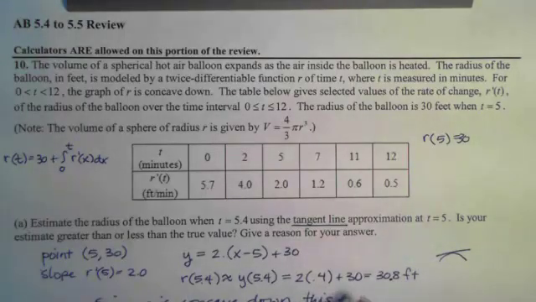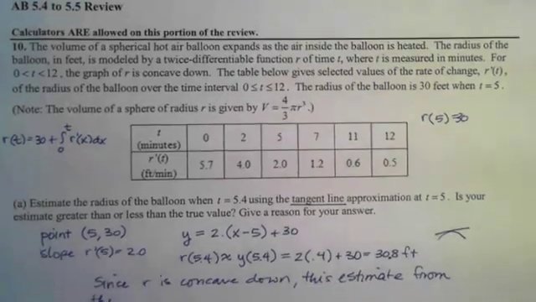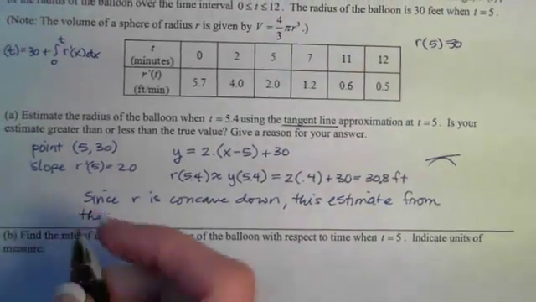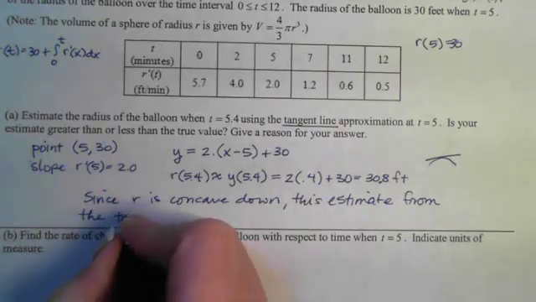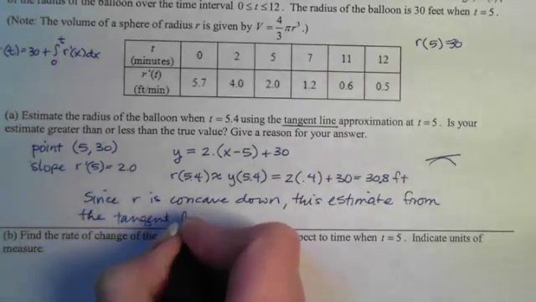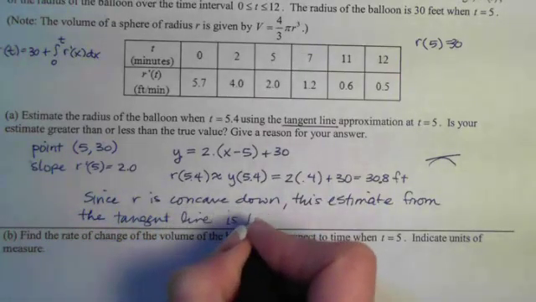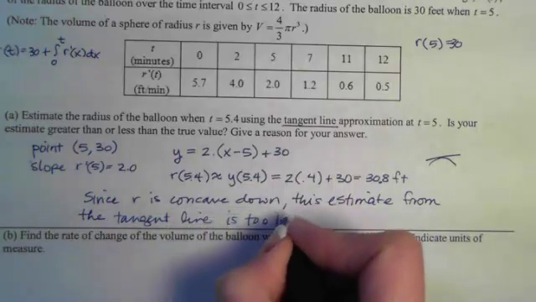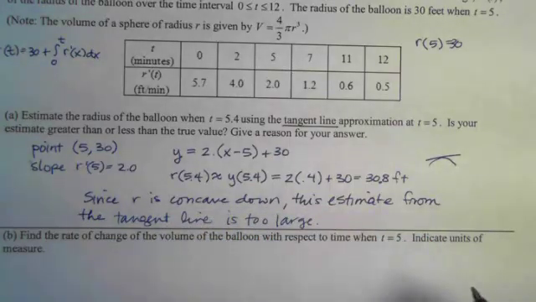This estimate from the tangent line is too large. So it's greater than the true value.